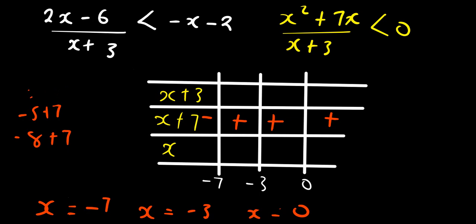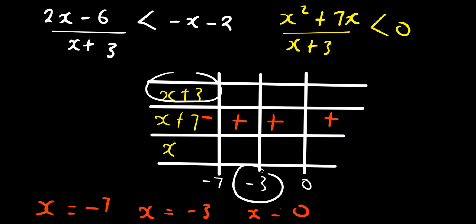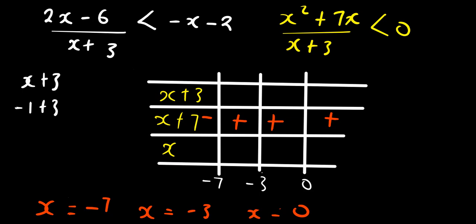What if we say now which value gave us negative 3? Negative 3 came from x plus 3. Okay, so let's just do that, x plus 3. If you get any value that is greater than negative 3, let's say negative 1, negative 1 plus 3 will just give us a positive number, right?